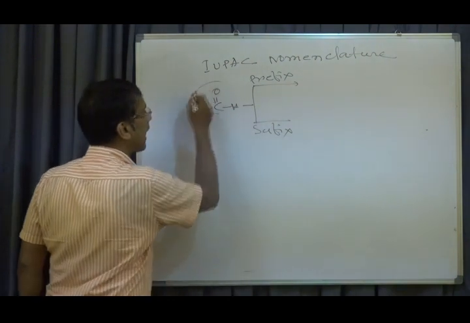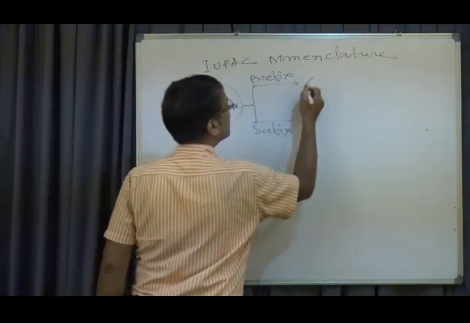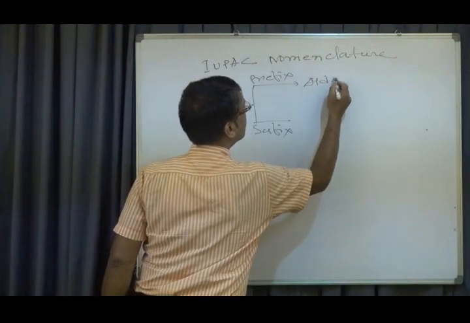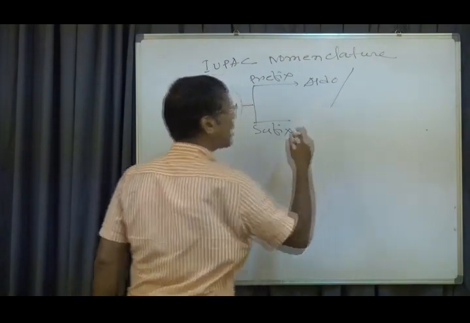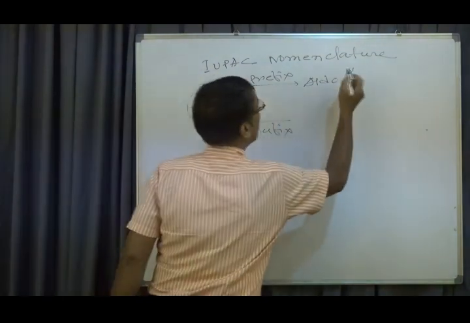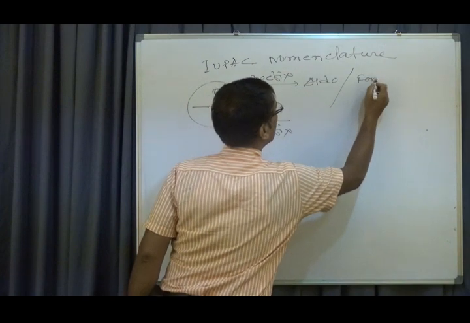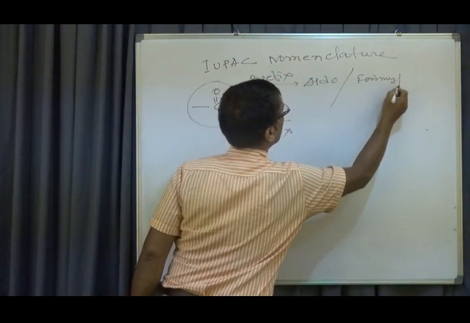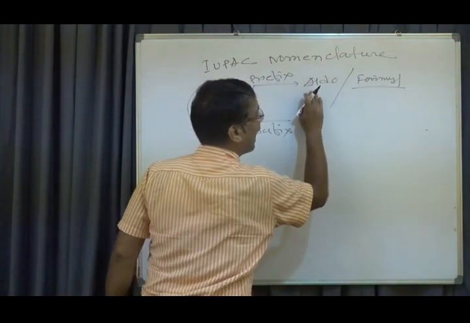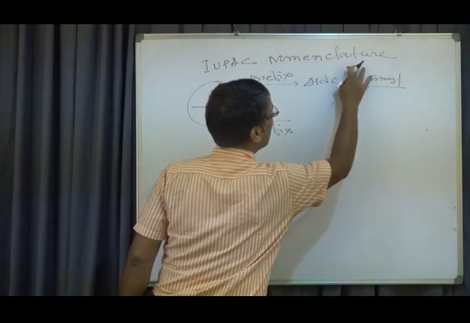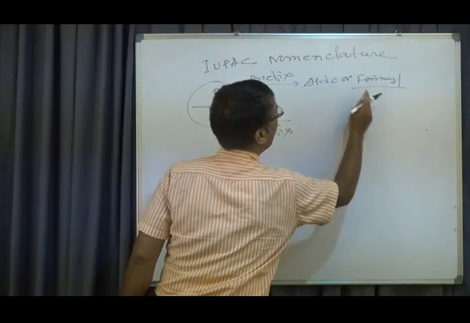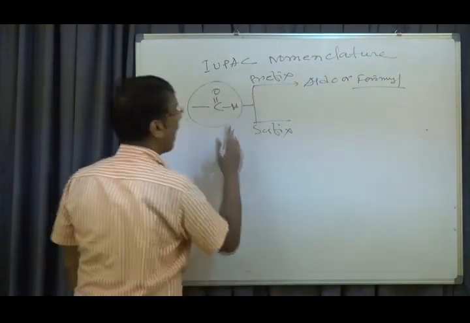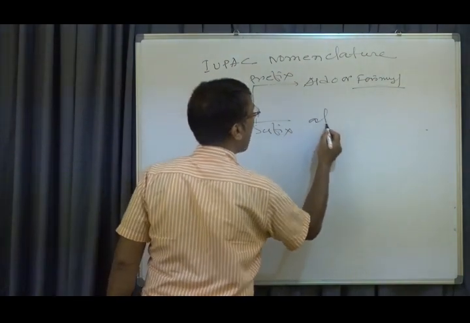So in case of aldehyde, its prefix is aldo, or to some extent formyl. Both are correct. And the suffix is al.